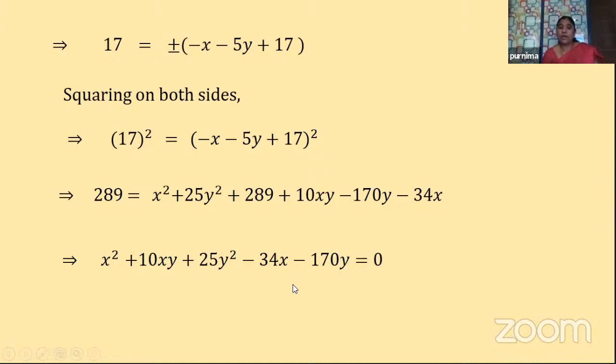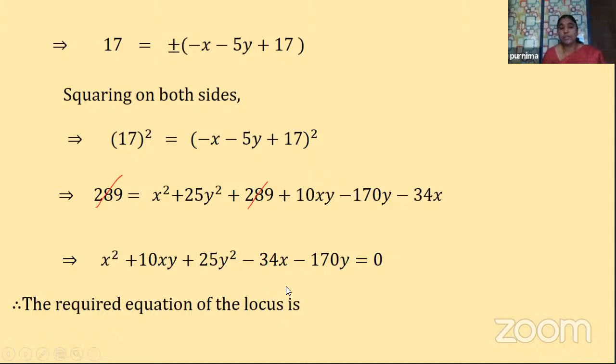Why is it so? Because of the two constant terms, 289 and 289 are cancelled. This is the equation that is left. So now this is your required equation of locus.